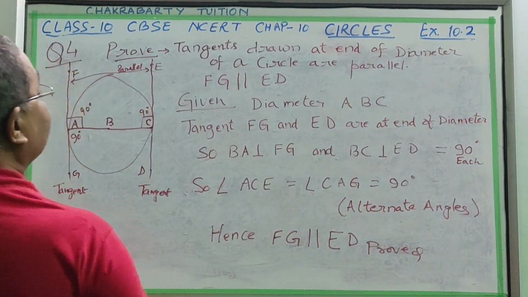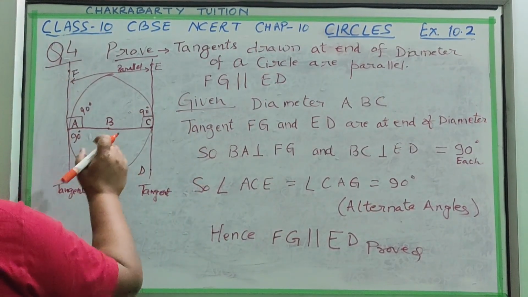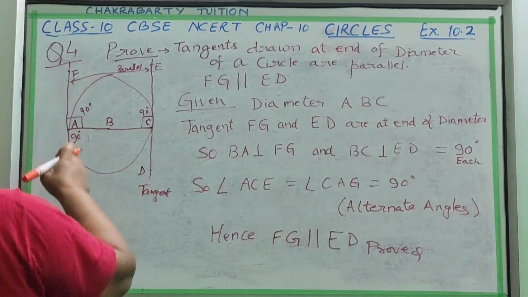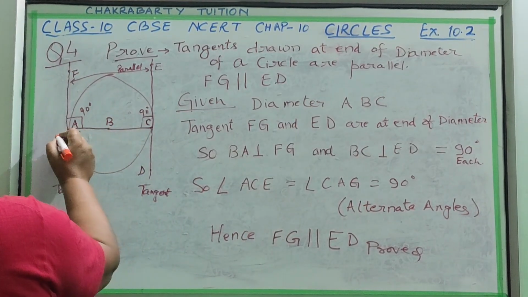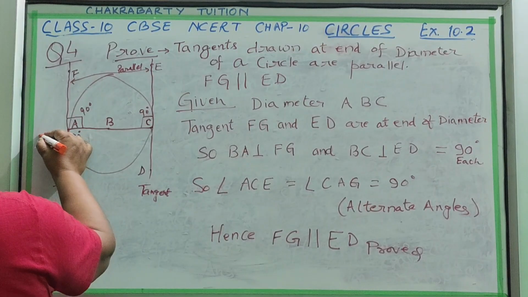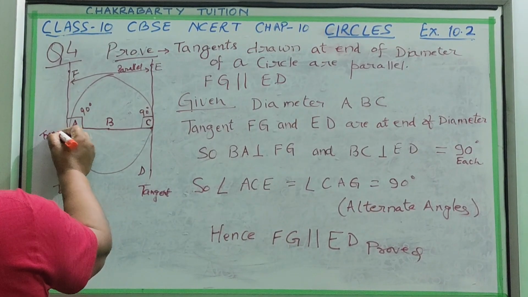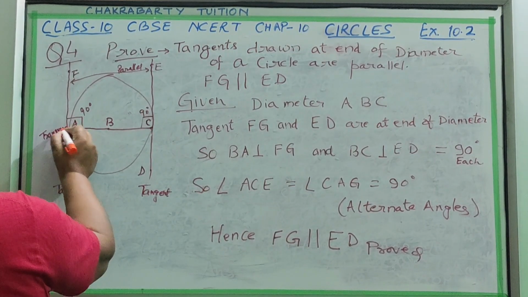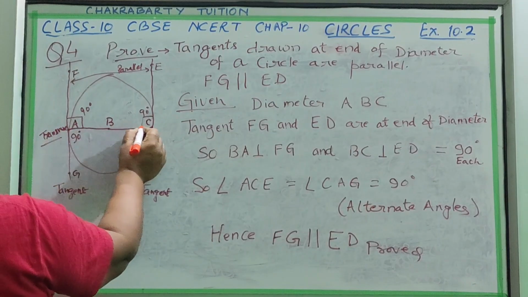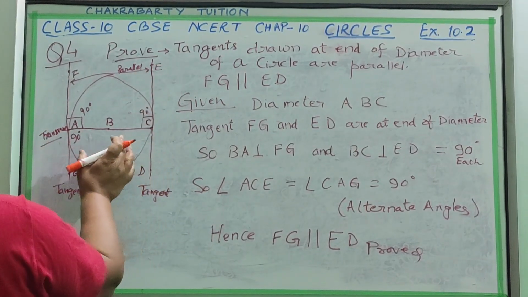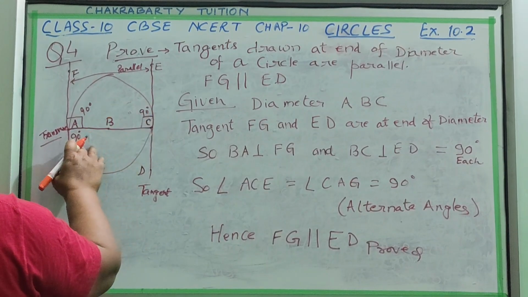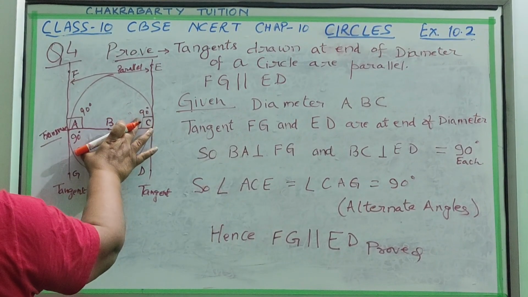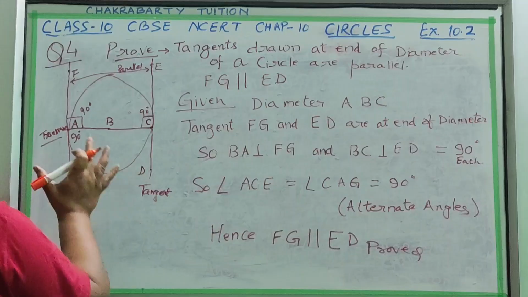So how can we prove it? We will take this line and this line, and treat the diameter ABC as a transverse line. If any transverse line cuts two lines, and the alternate angles made, this angle and this angle, are equal, then the lines will be parallel.